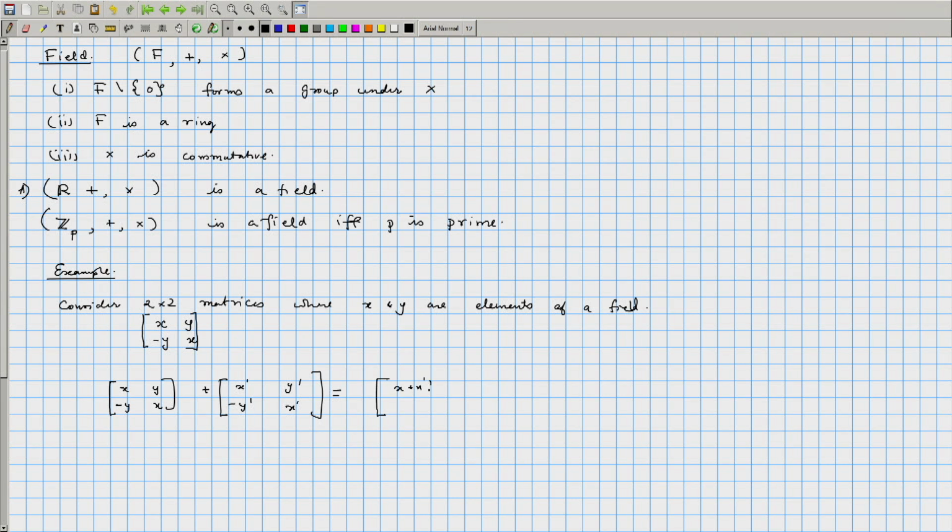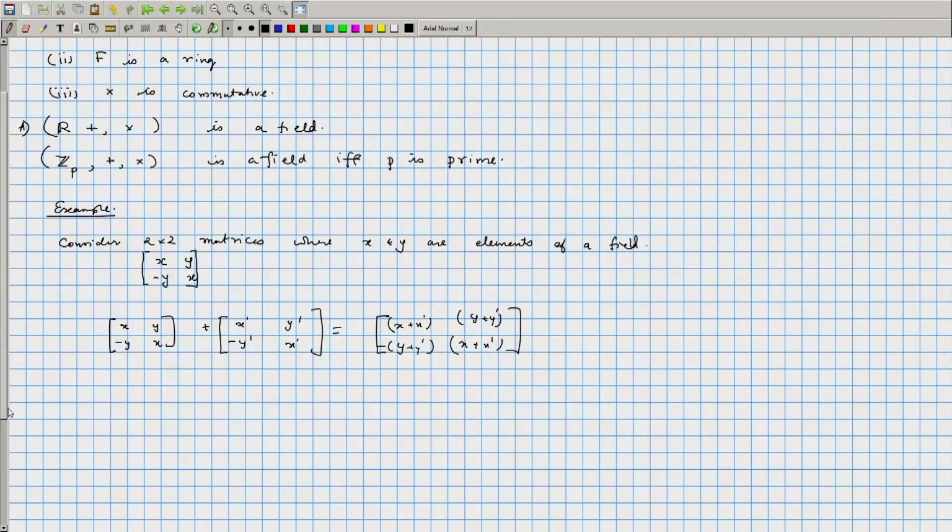So, x plus x prime will appear on the diagonal and y plus y prime and its negative will appear on the off diagonal. Okay. So, closure property is there and you can verify that under addition these do form a group. The multiplication is also well defined and you can see that the multiplication will in fact be commutative.